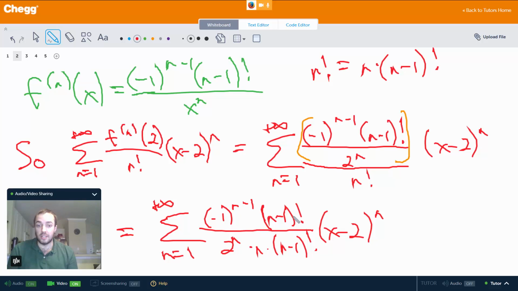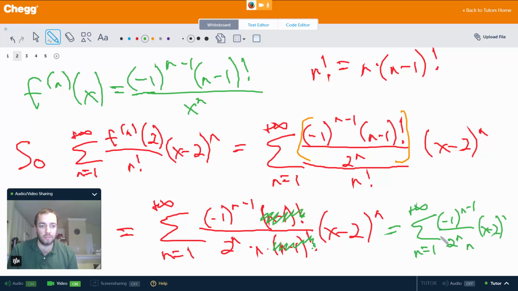Now that's really great because then these cancel. So the n minus 1 factorial here cancels with this one here. And then what we're left with is the sum from n equals 1 to plus infinity of negative 1 to the n minus 1 over 2 to the n times n, and then we still have x minus 2 to the n.